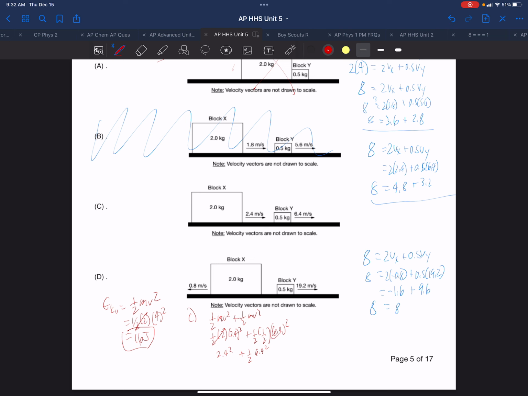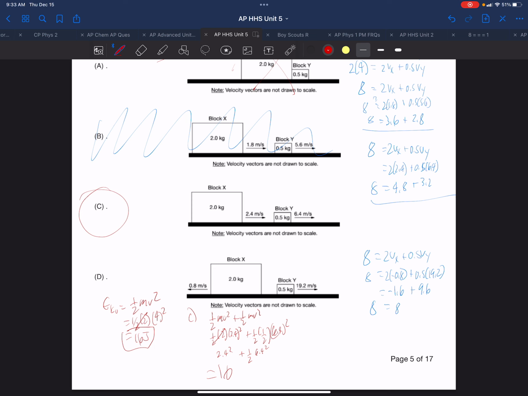And doing out the calculations using our calculator, it is indeed 16. So it looks like C is our answer.